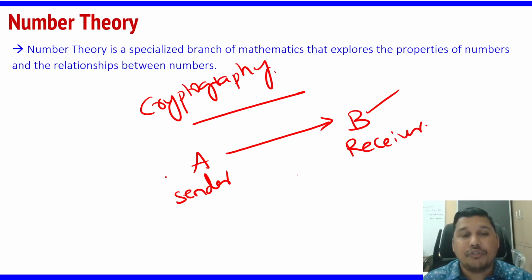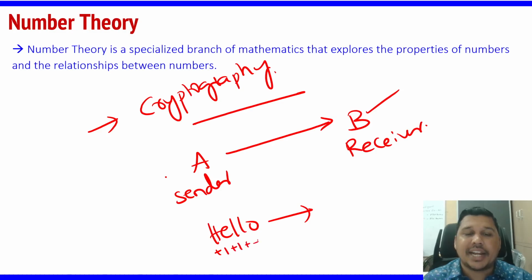So in cryptography we propose a lot of algorithms and techniques, and those algorithms help us to secure the messages. Suppose I want to send hello from A. Hello is not sent as it is; it is twisted in some way. For each character, the next letter, plus one, is added as the key and sent.